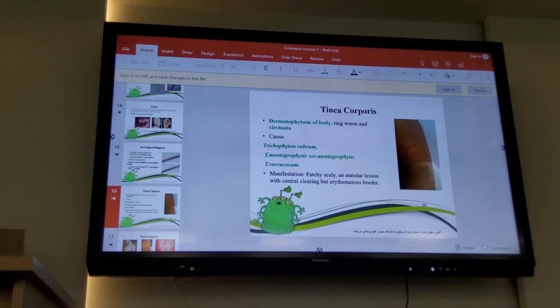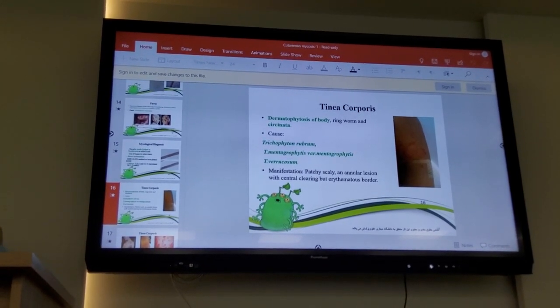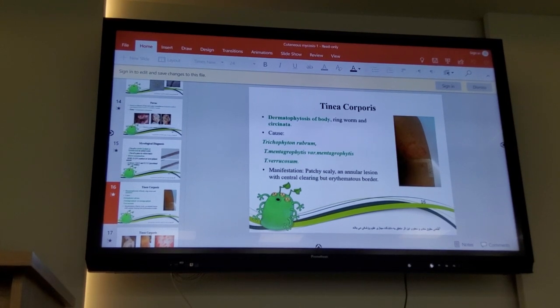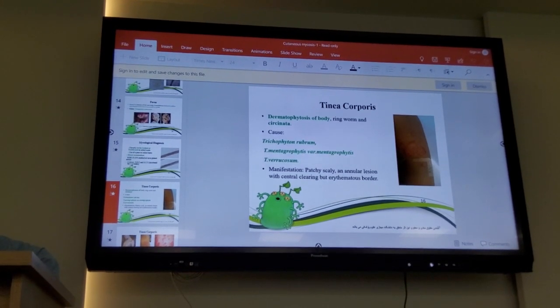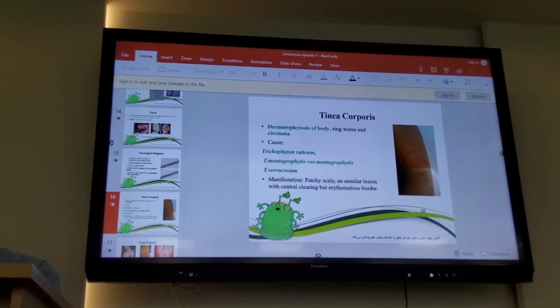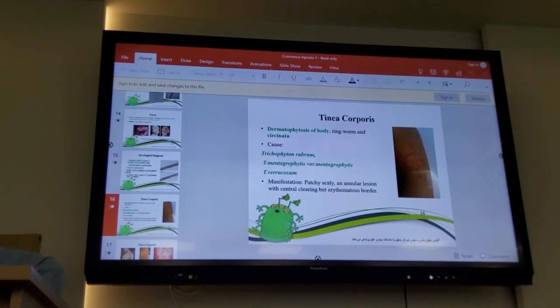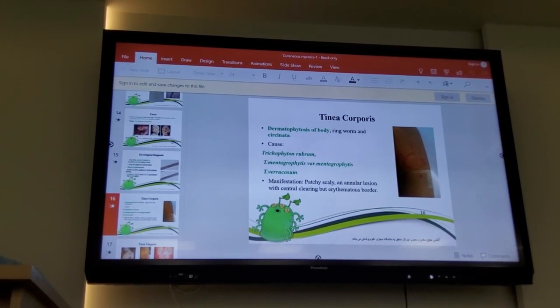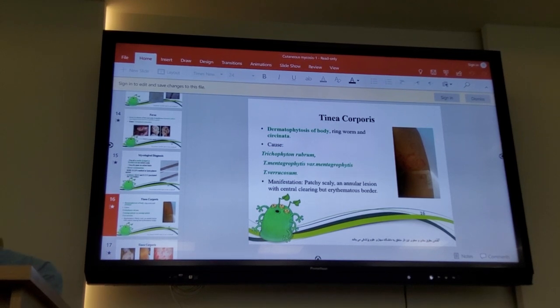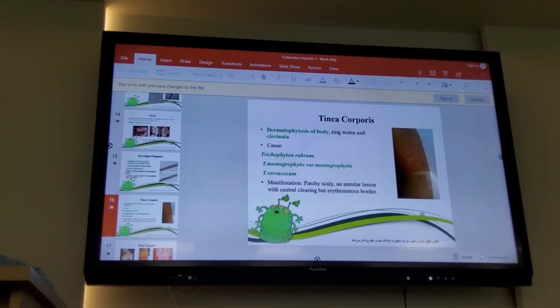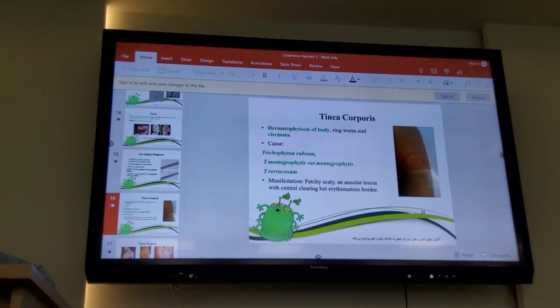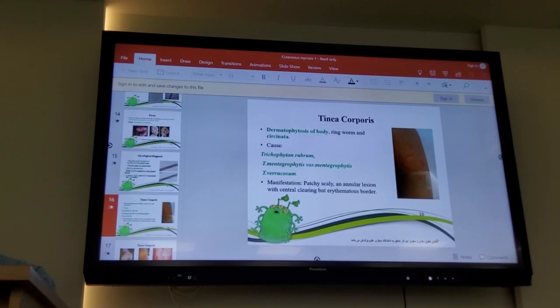Tinea corporis, another form of dermatophytosis. Tinea corporis means dermatophytosis of the skin of the body, and it leads to a ringworm shape, ring form, or annular lesion.